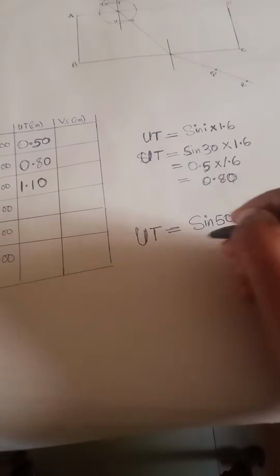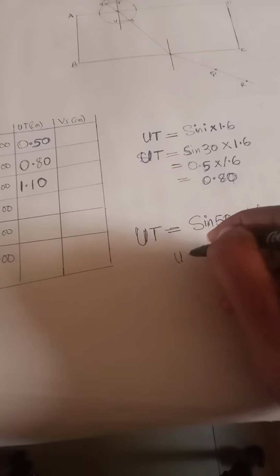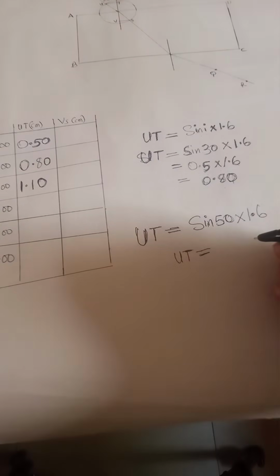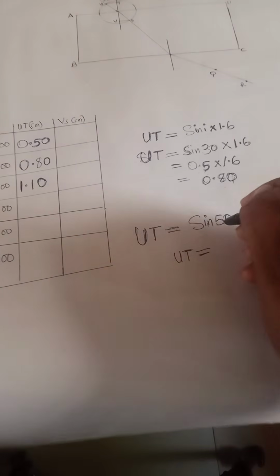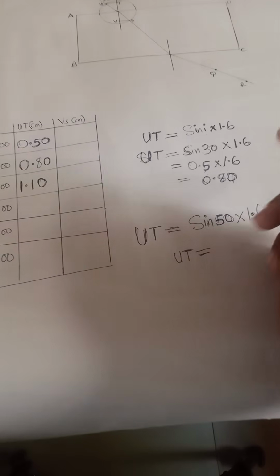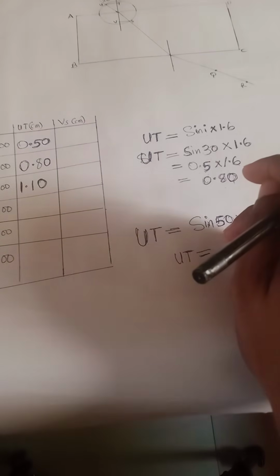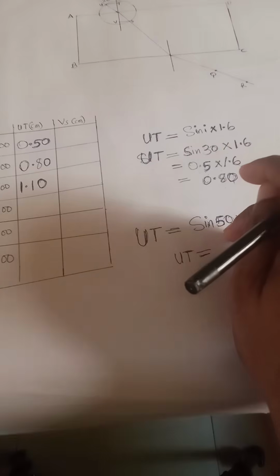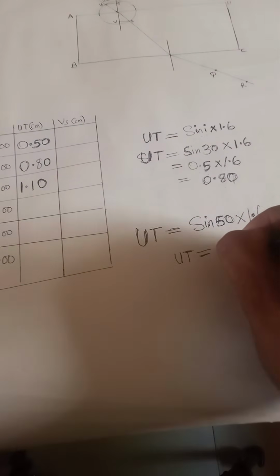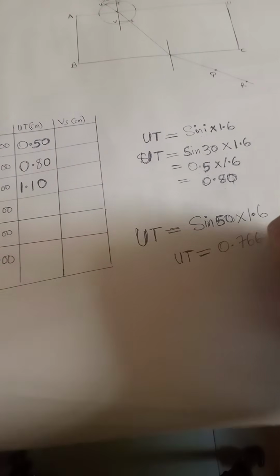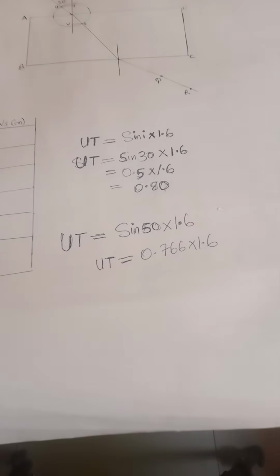1.6. So that my UT becomes equal to sine 60. Sine 60 will give us sine 50, not 60, sorry. Sine 50 will give us 0.766. So this is 0.766 times 1.6 times 1.6.